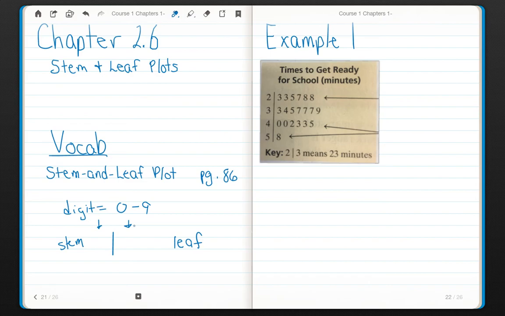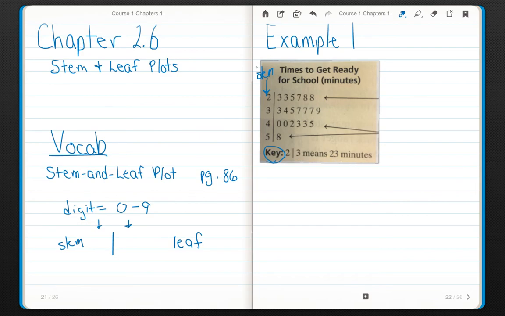So this is my stem and leaf plot. So right here, this is my stem. Every stem and leaf plot needs to have a key. This key says that 2 line 3 means 23 minutes.